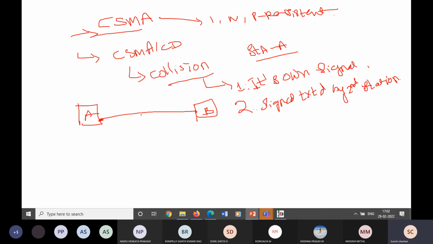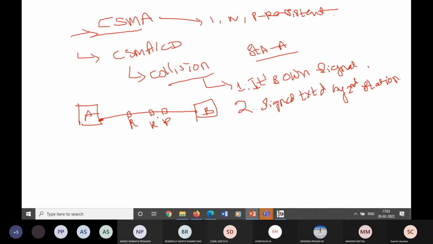Sometimes the signal strength will decrease, so to avoid that we put repeaters in order to amplify the signals and keep the signal intact throughout the link.